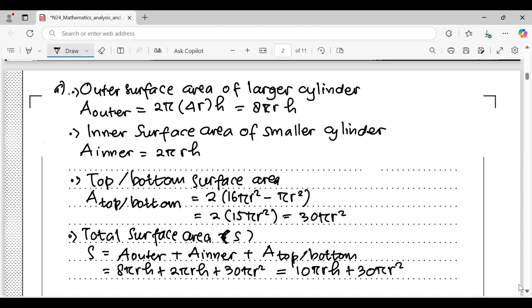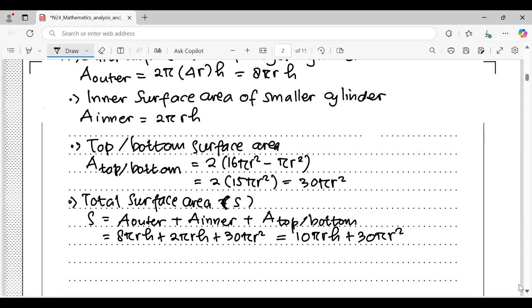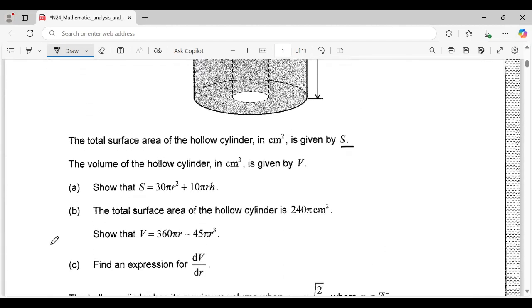That is the total surface area. The total surface area of the hollow cylinder is 240 pi centimeter square. Show that volume equals 360 pi r minus 45 pi r cubed.